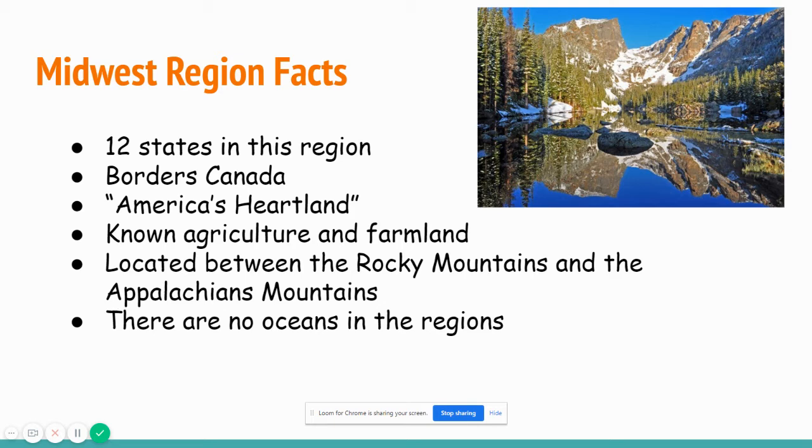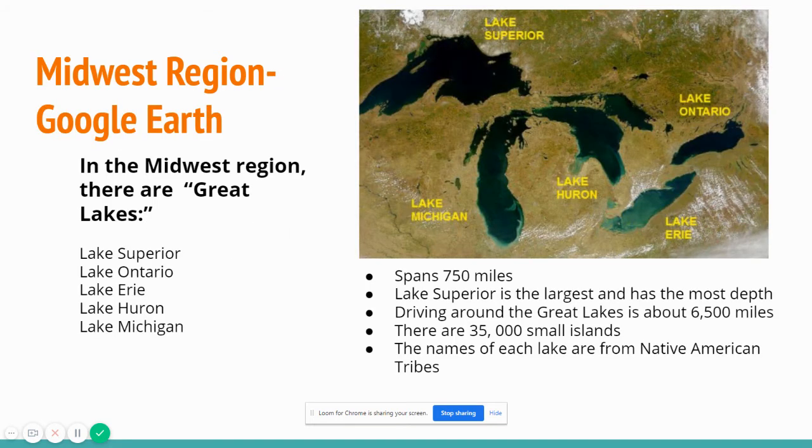It's known for wheat, oat, and corn. Maneuvering east to west throughout this area, it's located between the Rocky Mountains, which are west that border the western region, and the Appalachian Mountains in the eastern direction. There are no oceans in this region.